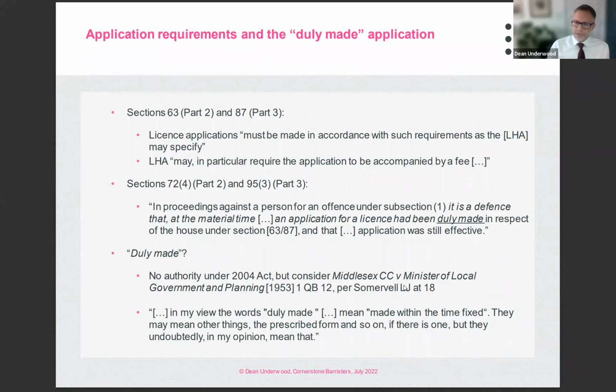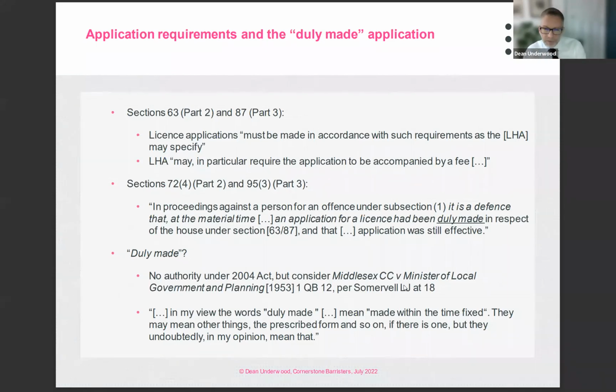The reason for that is that the enforcement provisions, in particular sections 72(4) and 95(3) in respect of parts 2 and 3 respectively, provide as follows: in proceedings against a person for an offence under subsection 1, that is for having control of or managing an unlicensed house in multiple occupation or house, it is a defence that at the material time an application for a licence had been duly made in respect of the house under section 63 or 87, and that application was still effective. All of which, of course, begs the question, when is an application duly made?